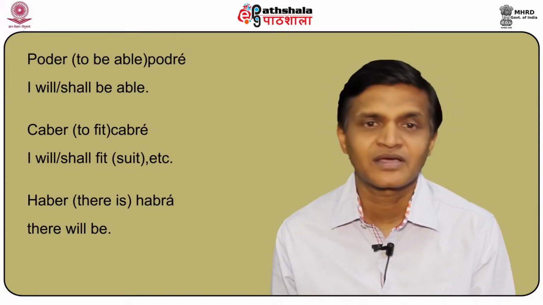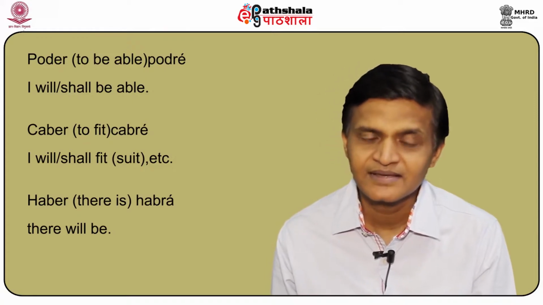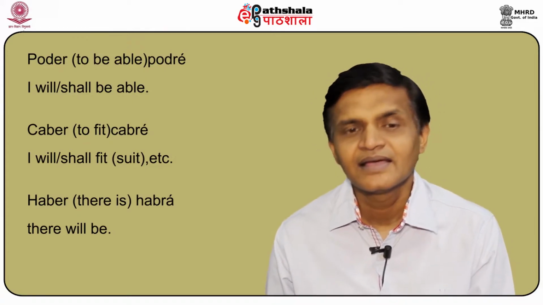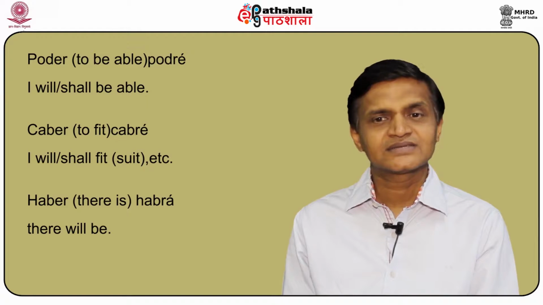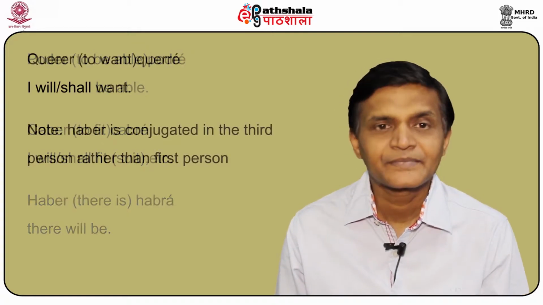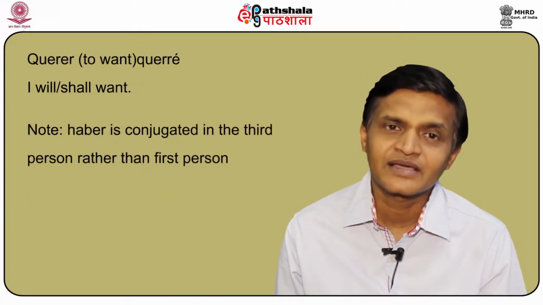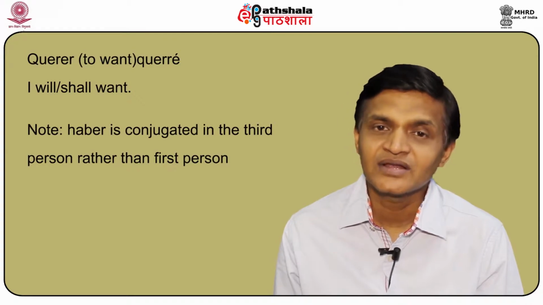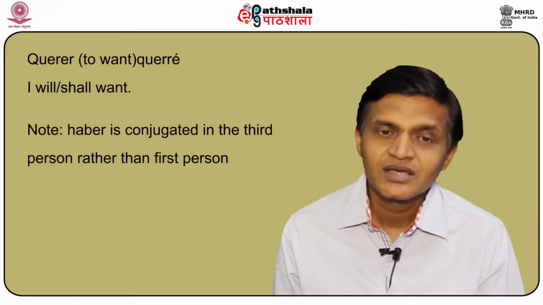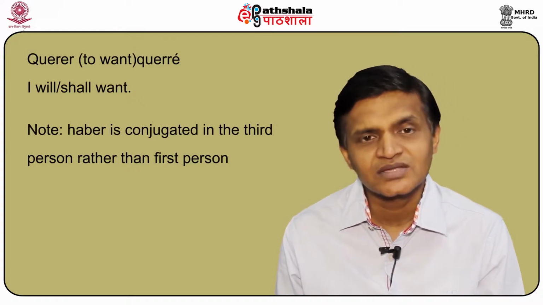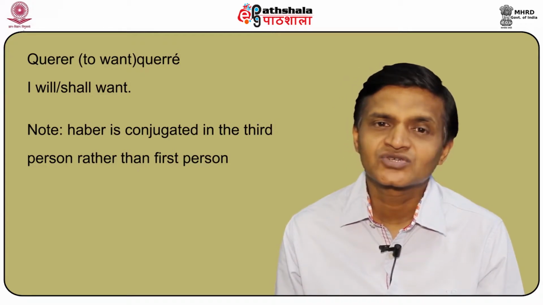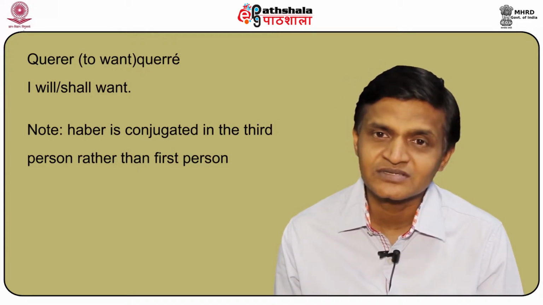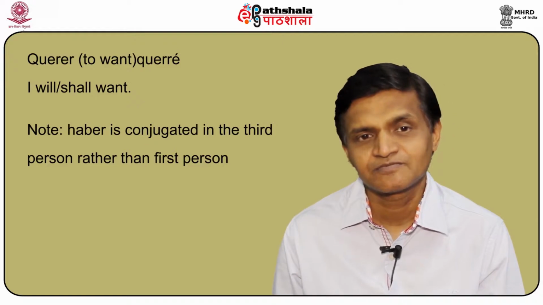I repeat, poder becomes podré, caber becomes cabré, and haber becomes habrá. Another verb, querer, becomes querré. I will, I shall want. However, please note that a verb like haber is conjugated only in the third person rather than the first person.